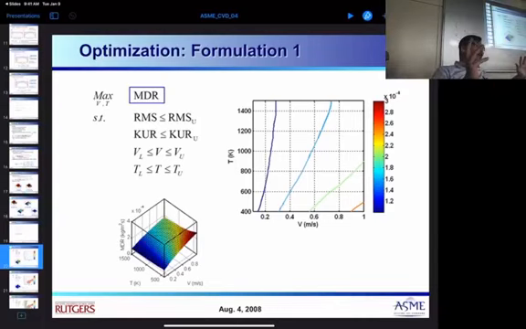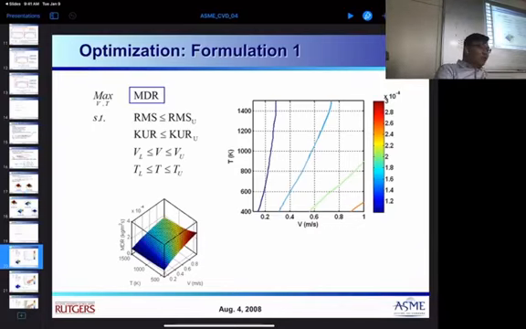Let's try to maximize the deposition rate, subject to what? The certain constraints must satisfy certain rules. So you can make up your own formulations, and then, of course, they should be meaningful to your application. And then you can try to see what would be the solution.